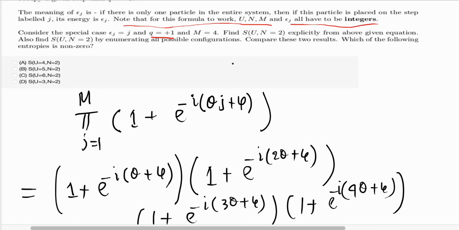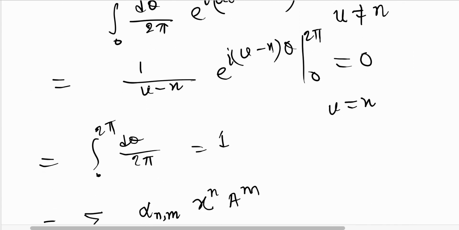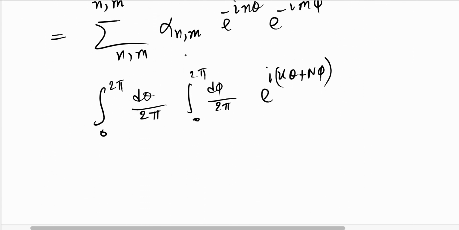Let me write that clearly so you can see what I am saying. And this multiplicative series boils down to this very cute looking expression, which is alpha n comma m e to the power minus i n theta e to the power minus i m phi, right.